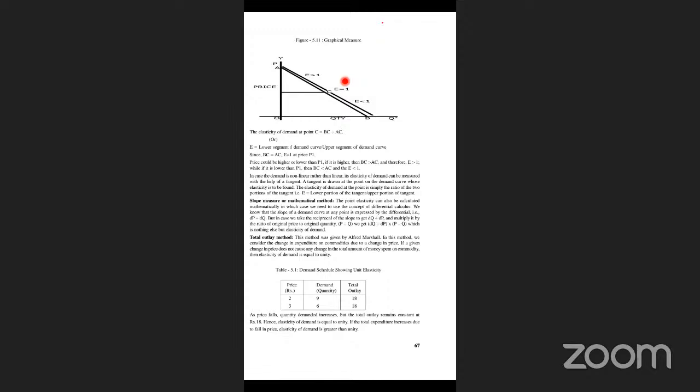So in case if you want to know the point C value, then B to C divided by A C value. If you do, you will get point C, which is E is equal to 1. In this, if the prices are high, it denotes above, that is E greater than 1. And if the prices are low, it comes down, and this is denoted as E is less than 1.